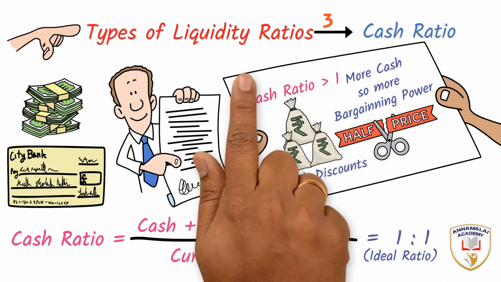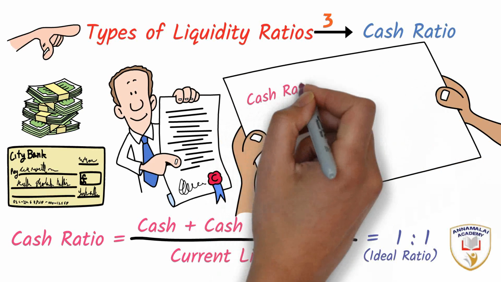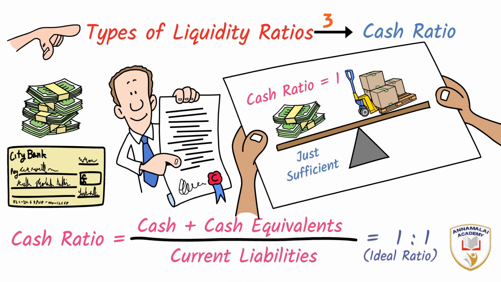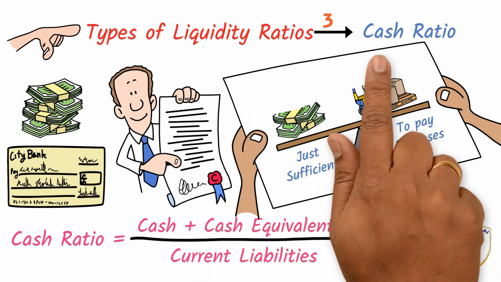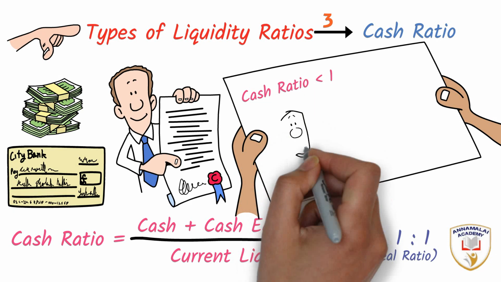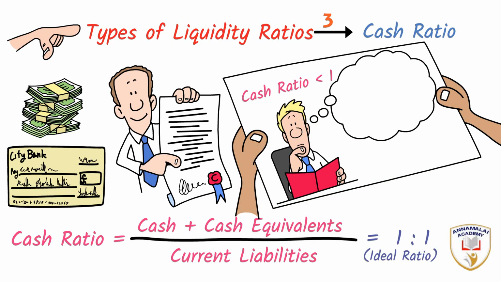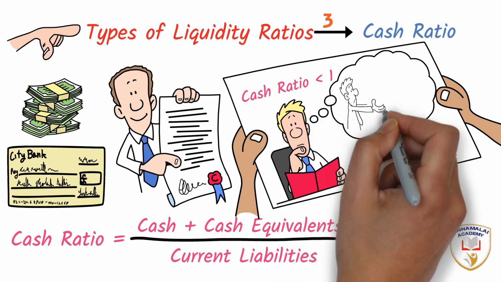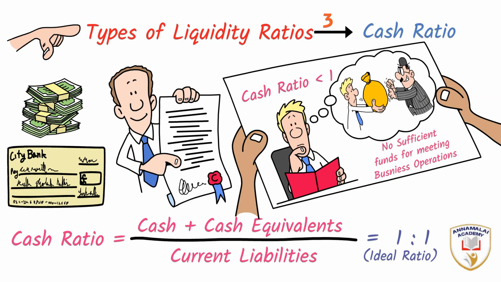When cash ratio is equal to 1, you are just sufficient to pay the expenses. You can just maintain the status quo of the business operations. In case the cash ratio is less than 1, the funds are not sufficient to meet the business operations, and you should seek financial support from other sources.